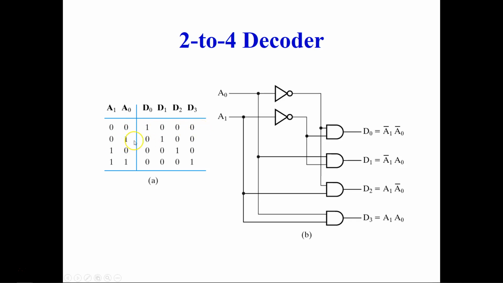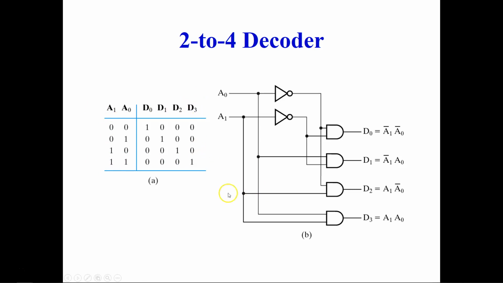And when you have 0, 1, then D1 will be activated and the rest deactivated. When you have 1, 0, then D2 will be activated, and when you have 1, 1, D3 will be activated.